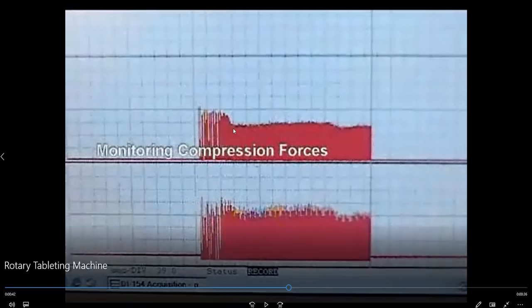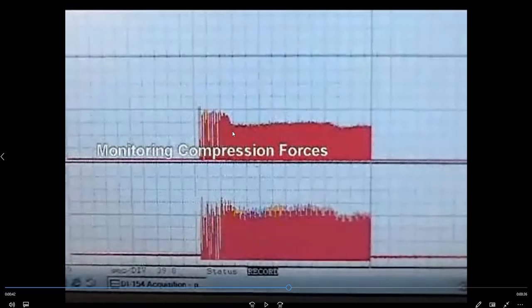So you can monitor this in the diagram that you see here. If it shows lower compression force than expected, it means you have less filling and you are probably having a problem with the speed at which the rotation of die cavities happens.